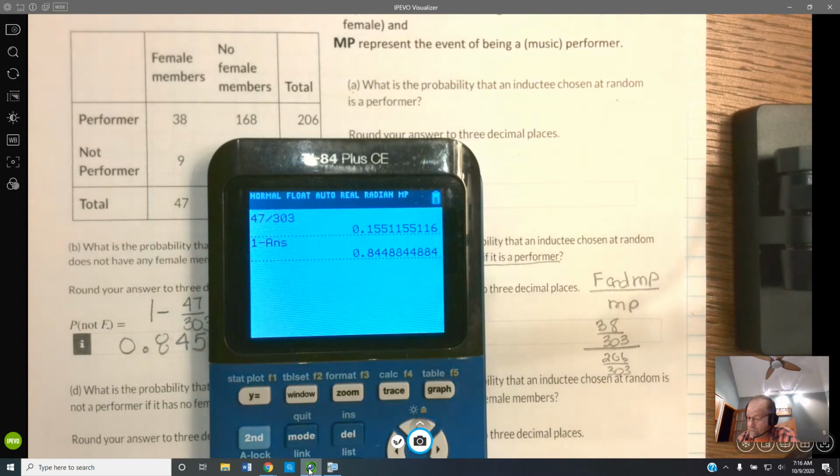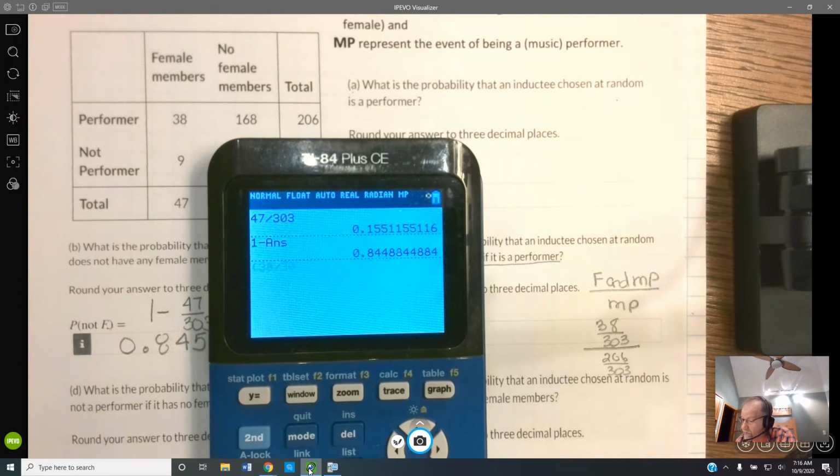Let's turn our calculator on. Now, two ways. We went decimals for this, so I think entering a fraction is not really my deal here. So I'm going to do 38 divided by 303, but be sure to put it in a parenthesis. Then I'm going to divide it by another parenthesis, which is 206 divided by 303.